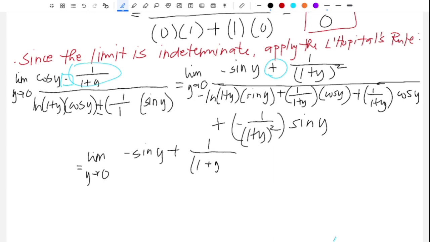Plus y squared over, let's simplify our denominator.